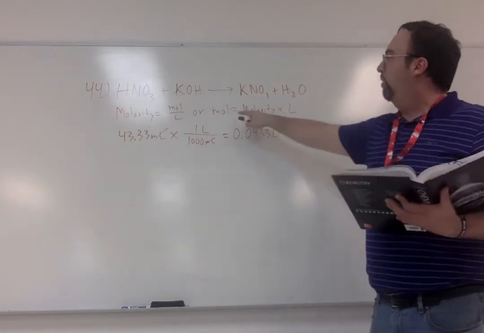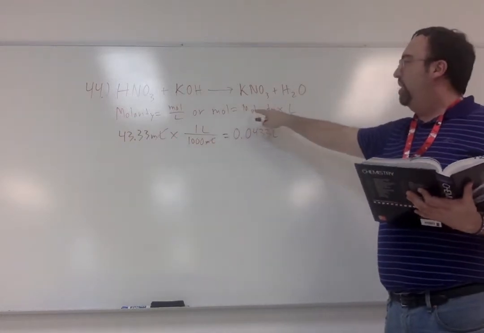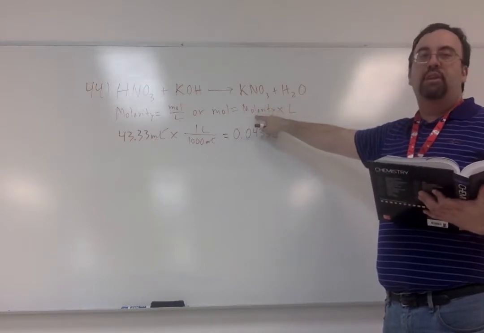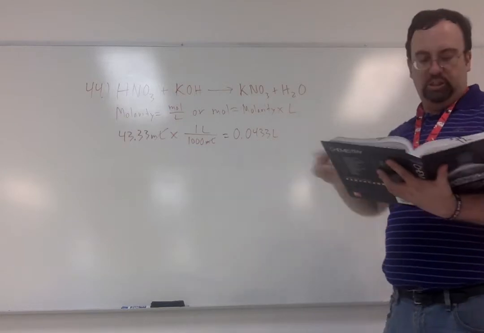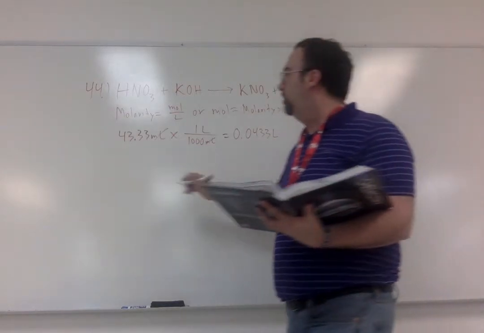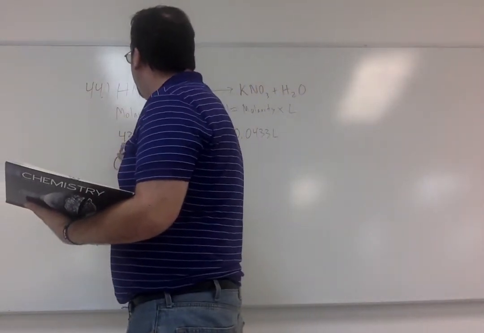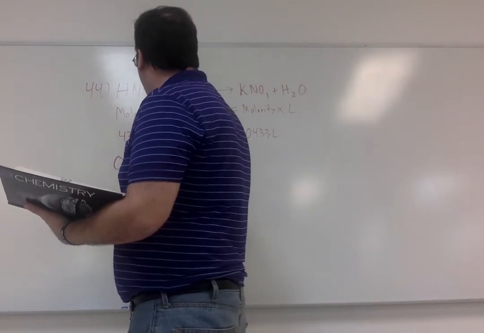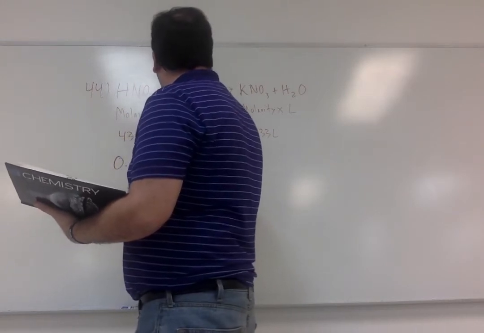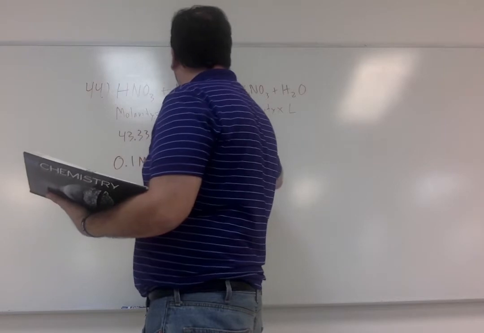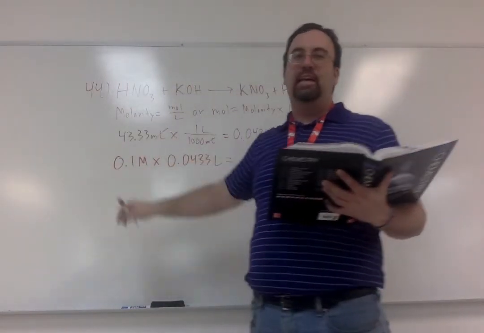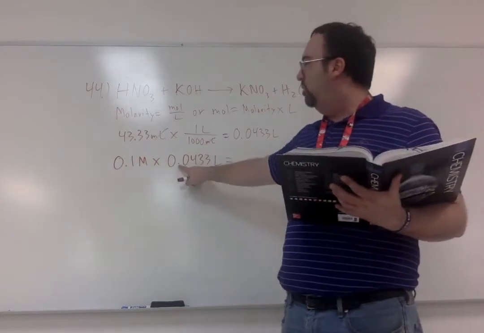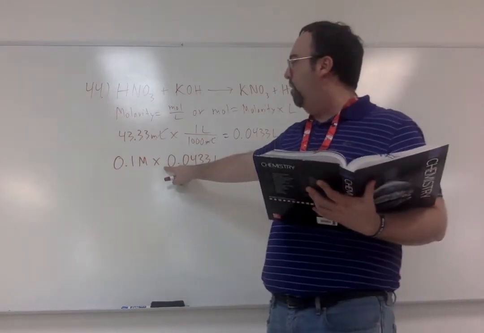We are going to look for the moles. We have to take the concentration of the potassium hydroxide and multiply by this volume in liters. We're told that the concentration is 0.1 molar times 0.0433 liters. Notice I'm multiplying by 1/10, which is the same thing as dividing by 10, so I just move the decimal place to the left 1 place.